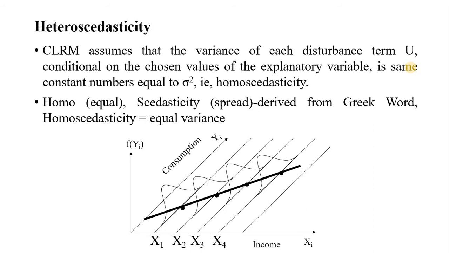When we discussed the concept of regression, we took the consumption and income example, the consumption of 60 families. We divided the 60 families into different income groups: 80, 100, 120, 140, something like that. If you look at the graph, the y-axis gives the density function of y, and the x-axis gives the income.